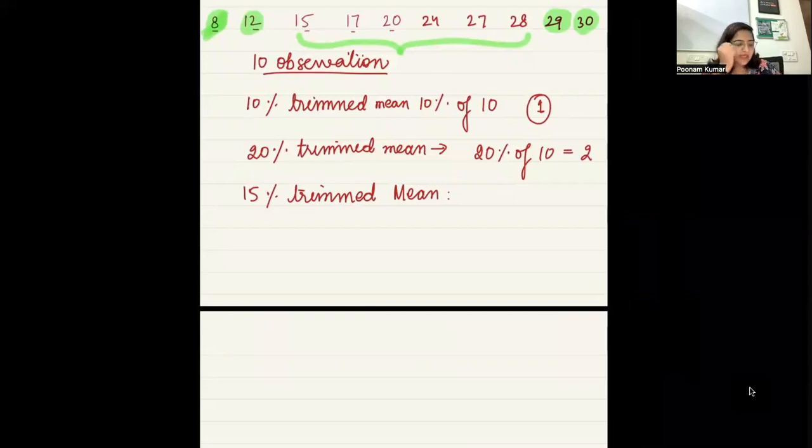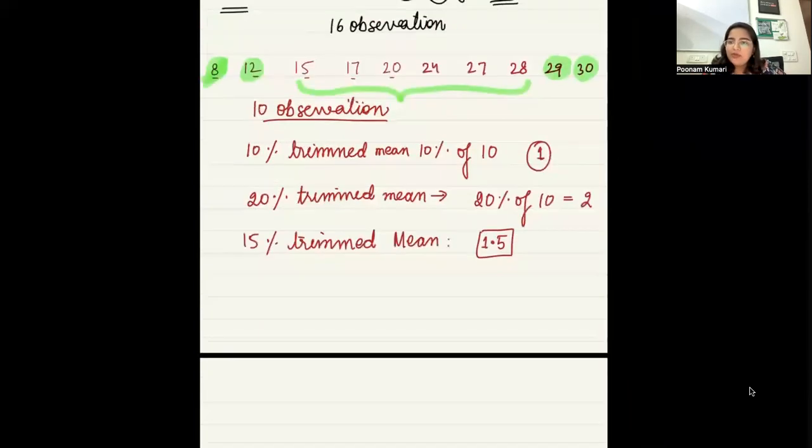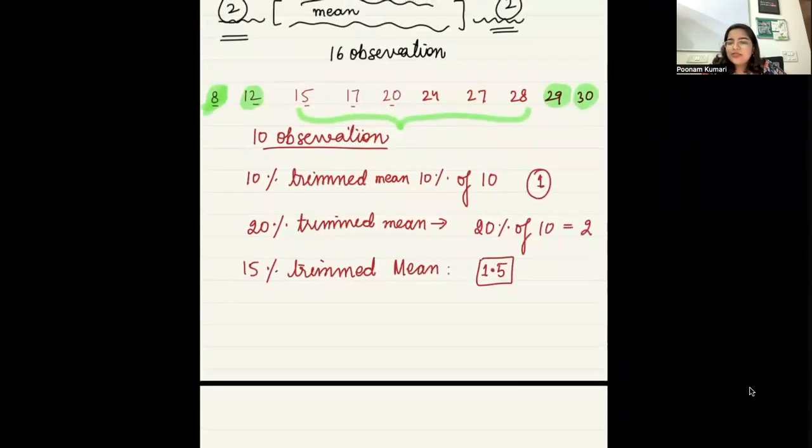Ma'am, 1.5. 1.5, right? Now what do I do? Can I remove 1.5 observations? No, ma'am. So this is not possible, first of all. You can't remove 1.5 observations from here and 1.5 from there. This is not possible. So what do you have to do?